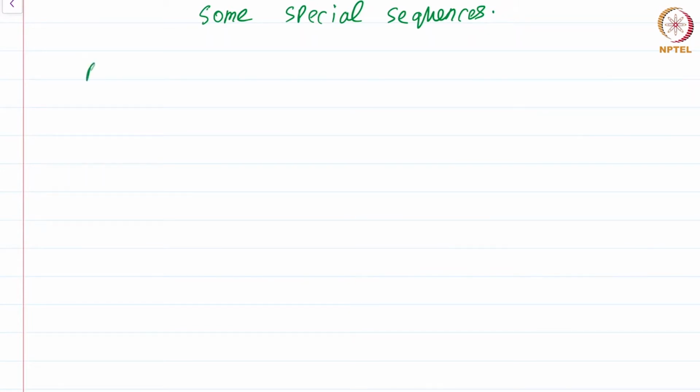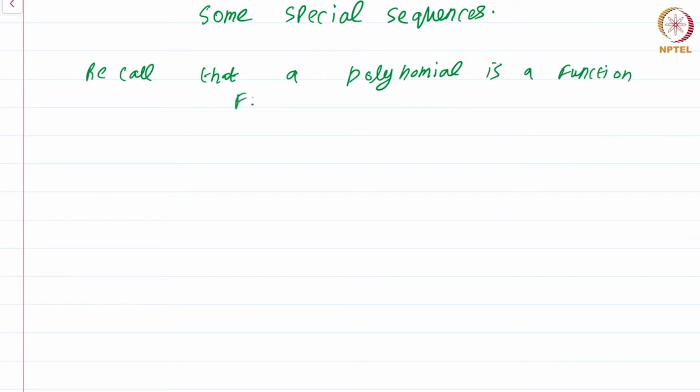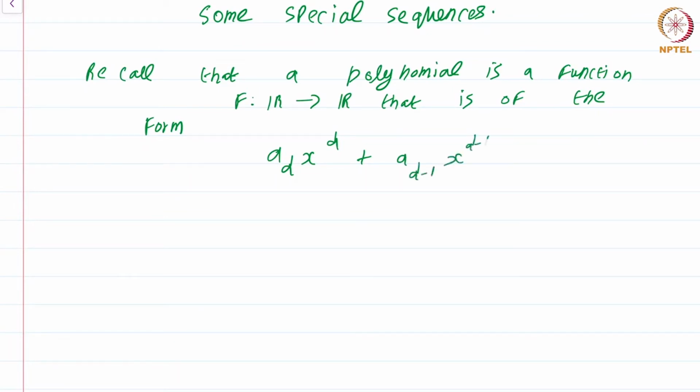Recall that a polynomial is a function f from R to R that is of the form a_d x^d plus a_{d-1} x^{d-1} plus dot dot dot plus a_0.